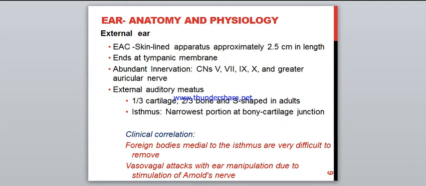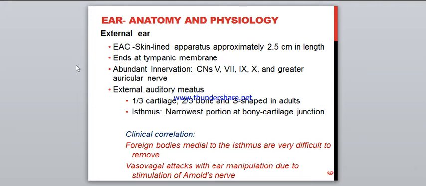The external ear has the EAC, which refers to the external auditory canal, and it is lined with skin or epithelium, approximately 2 to 2.5 centimeters in length, and it ends at the beginning of the middle ear, that is the tympanic membrane.